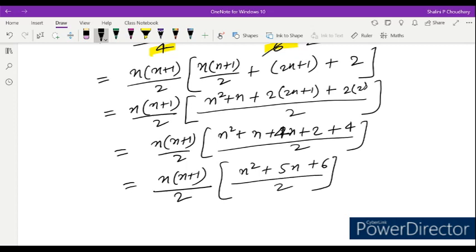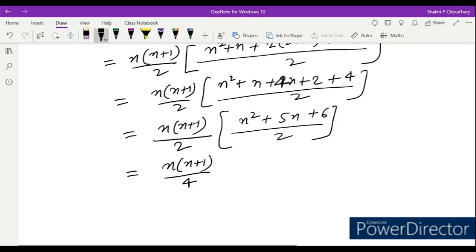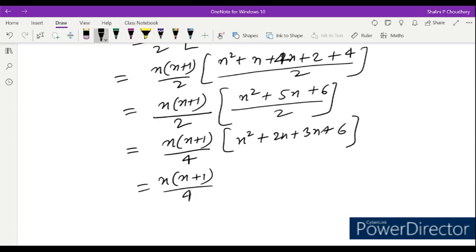Now we'll take 2 common; the 2 in the denominator we'll take outside the bracket, so it will be n into n plus 1 divided by 4. Okay, now this will be equal to, now we'll write n square plus 2n plus 3n plus 6. So n into n plus 1 divided by 4, n we'll take common to n plus 2, 3 we'll take common to n plus 2.